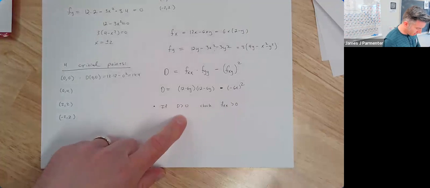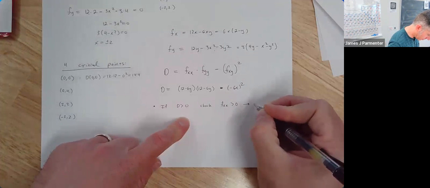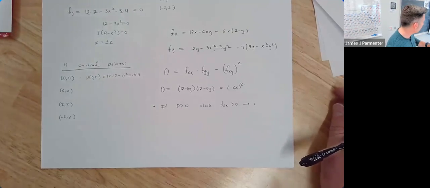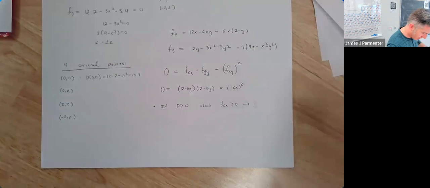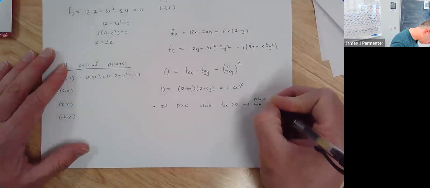So we're just checking. We're saying, oh, if fxx is positive, then we have a maximum. Sorry, minimum. Oh my gosh, it's easy to say the wrong thing there. It's positive, opening up, minimum. And I should say relative minimum.